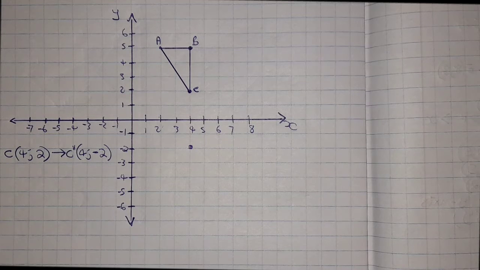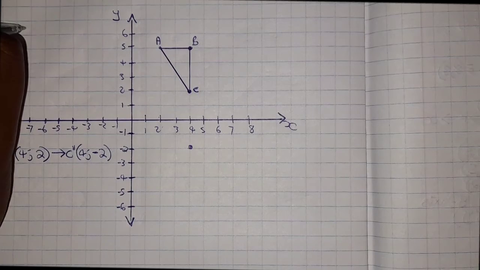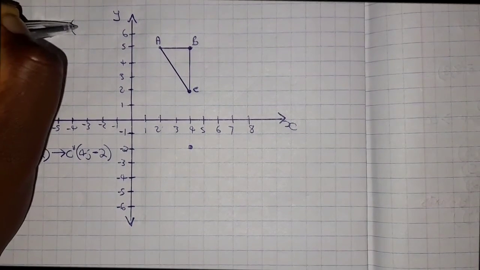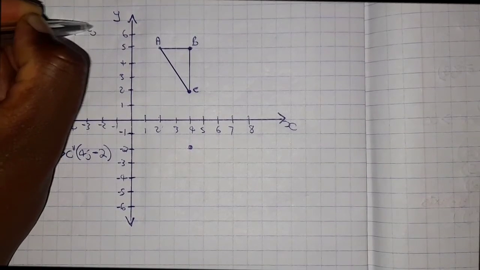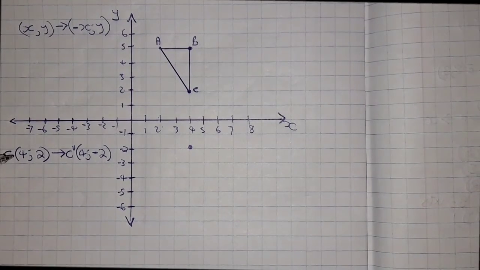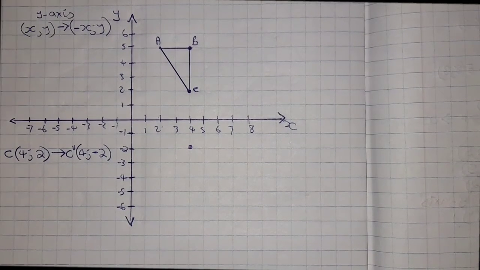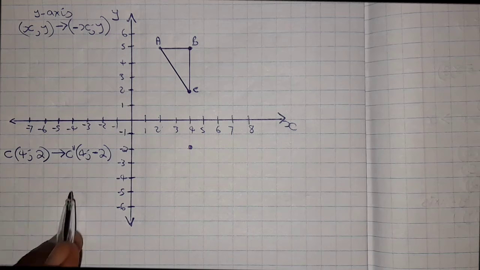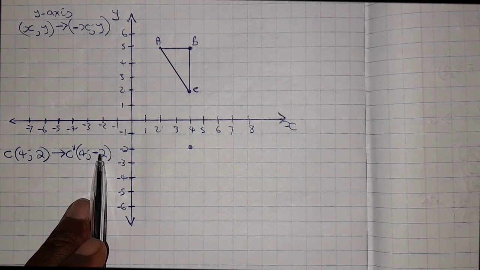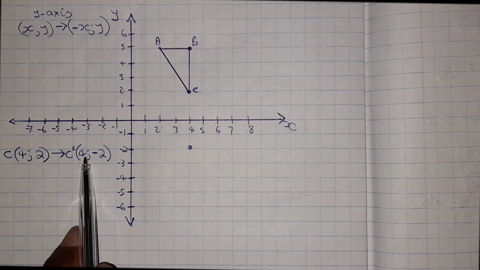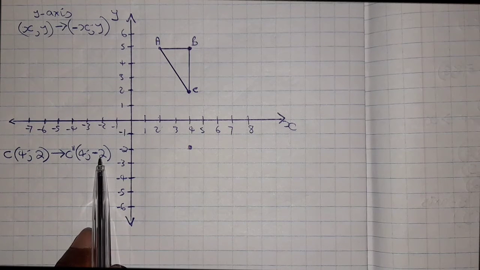Remember, for the y-axis, our rule was saying (x, y) is mapped onto (-x, y). This was a reflection on the y-axis, right? Now this is a reflection in the x-axis. It was (4, positive 2). It is now (4, negative 2), right?